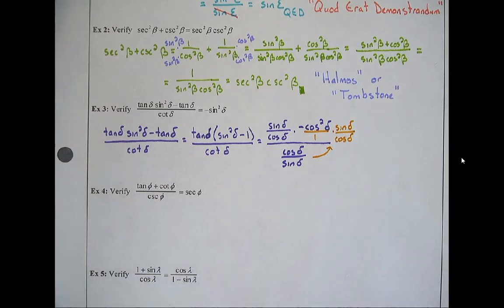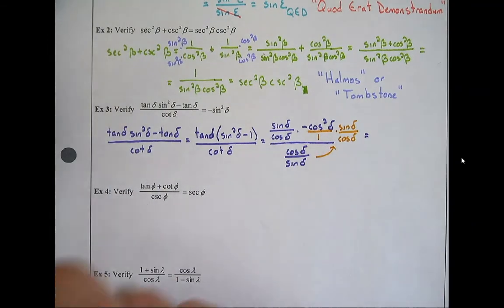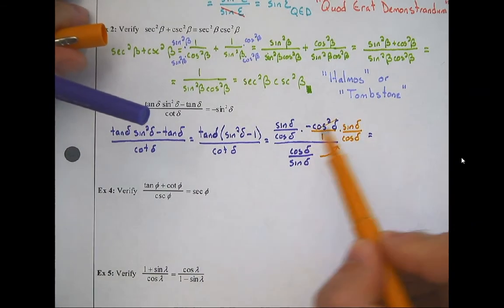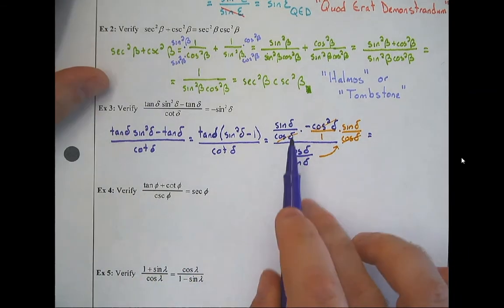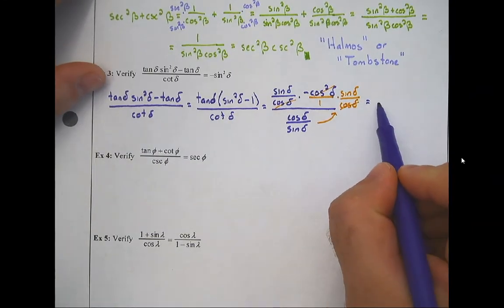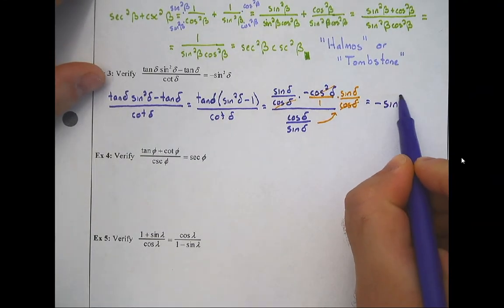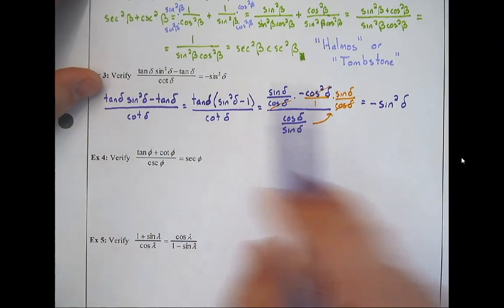And you should notice a lot of stuff cancels here. So how many cosines do you have on the top? 2. How many cosines do we have on the bottom? 2. So those are going to cancel out. And I'm going to get a sine times a negative times a sine, which ends up being negative sine squared delta, which is exactly where we're supposed to end up.